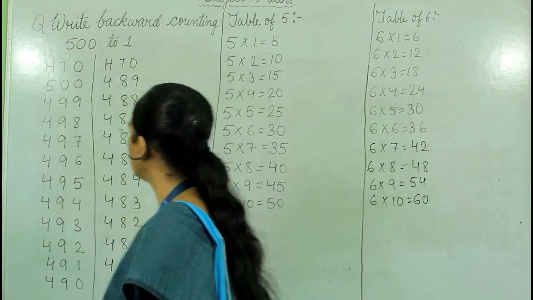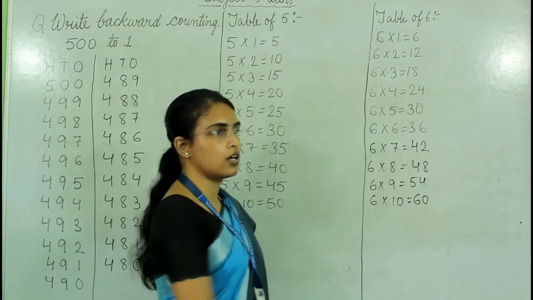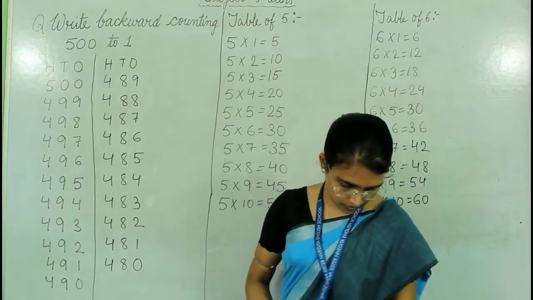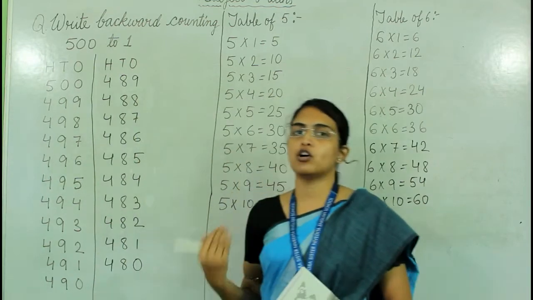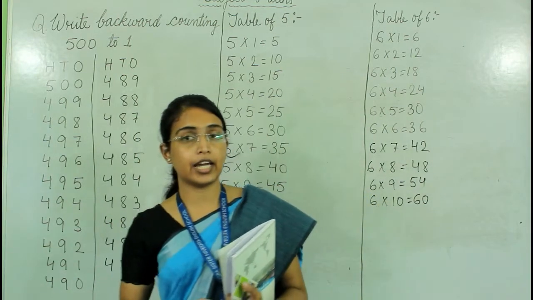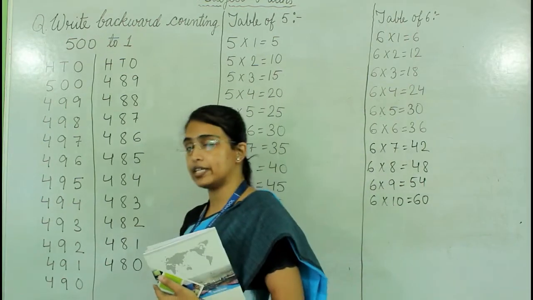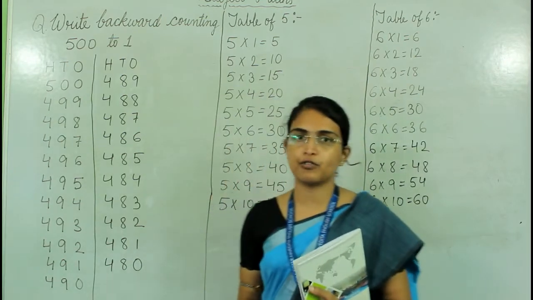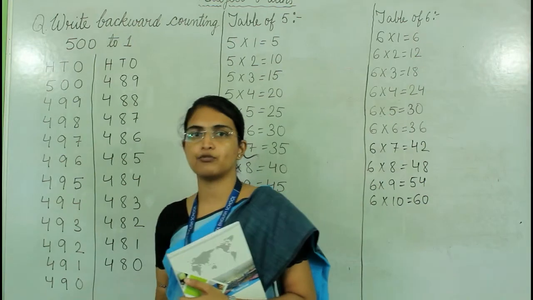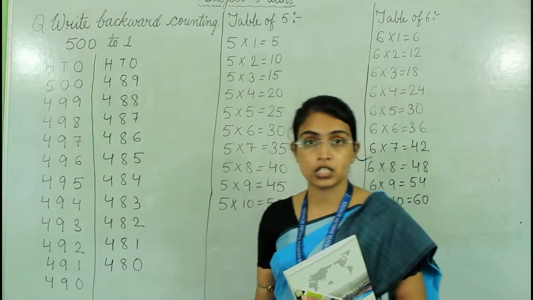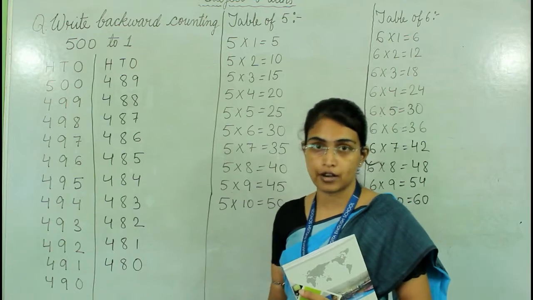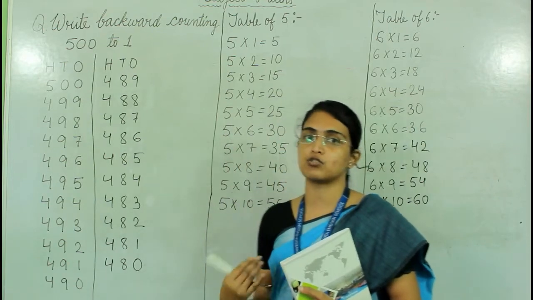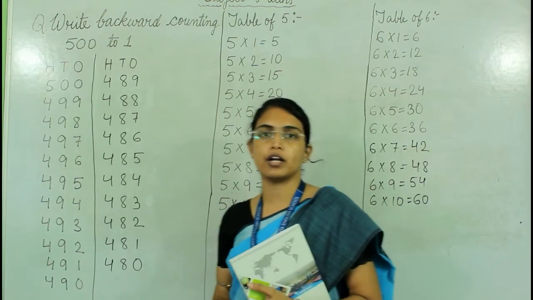In this way you have to do the rest of the part. Here I have written up to 480. After 480 what will come? 479, 478, 477, 476, 475, 474, 473, 472, 471, 470, then 469, 468, 467, 466, 465, 464, 463, 462, 461, 460.